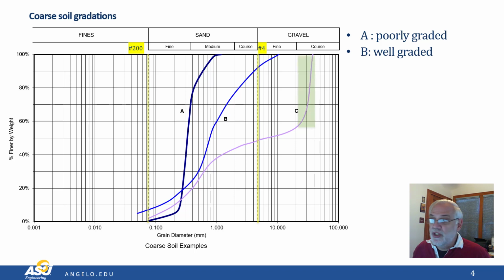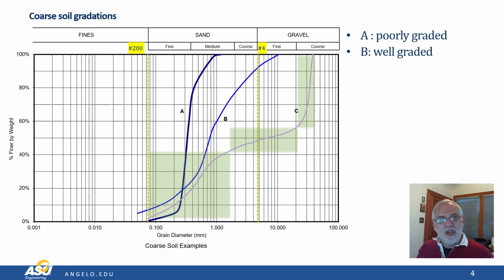Close observation shows that over 40% of this sample is in the range from 20 to 40 millimeters in diameter. Another 40% is in the range of fine to medium sands, 1/10 to 1/2 a millimeter in diameter. Only a small portion of the particles in this soil are in the coarse sand to fine gravel range.